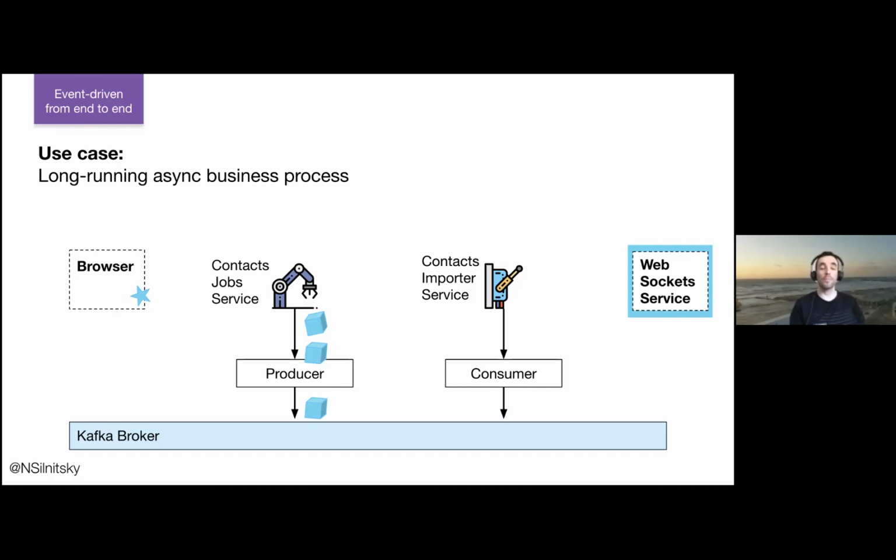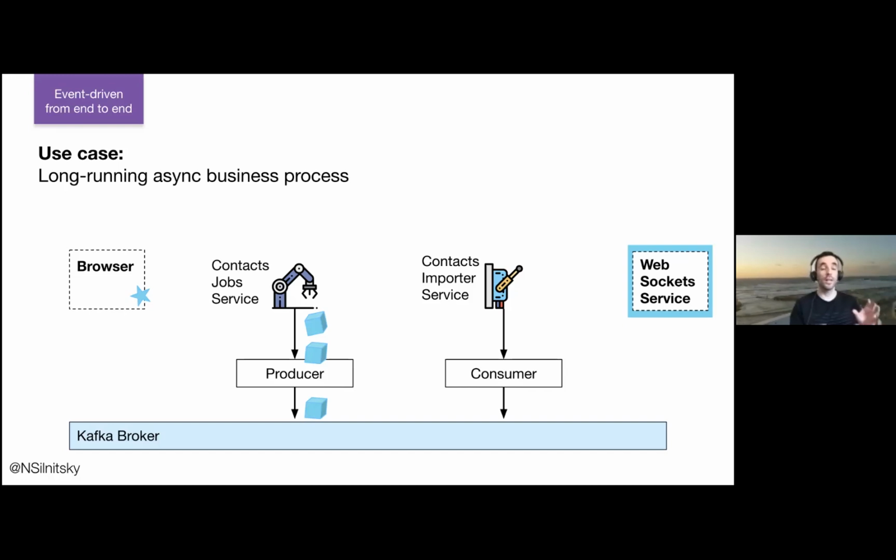Cool. So we want to start thinking about how to create this architecture. We have a contacts job service, and all its job is to create these import jobs. So it produces a job, maybe separate jobs for importing from Gmail or from Outlook or from other sources, or maybe other concerns it has.